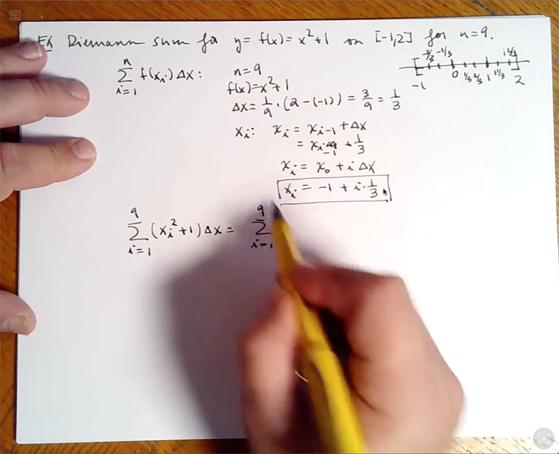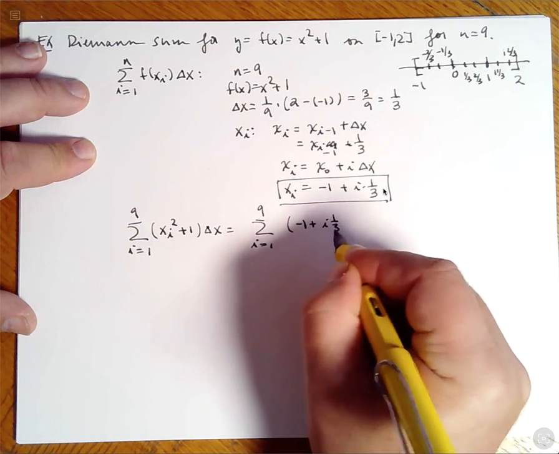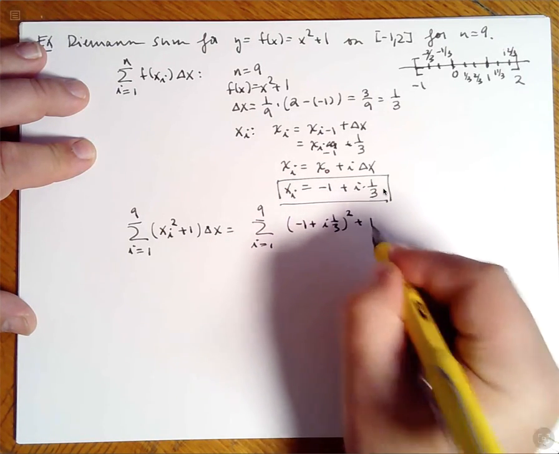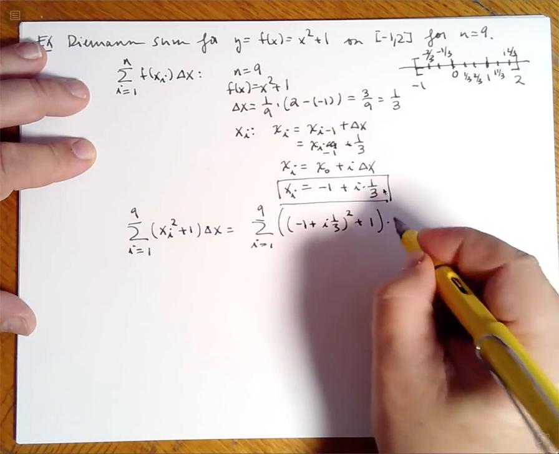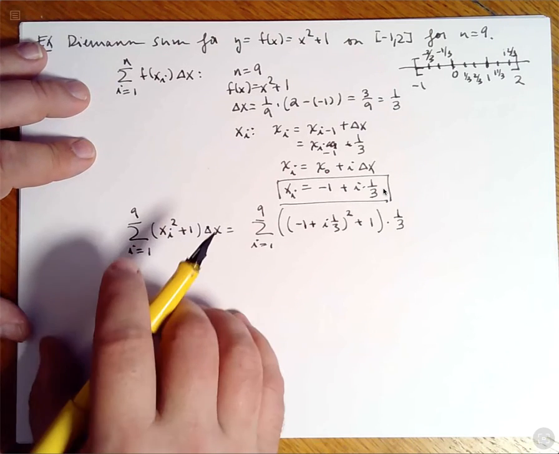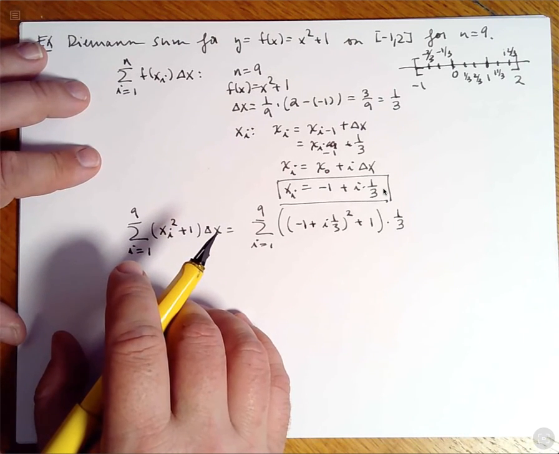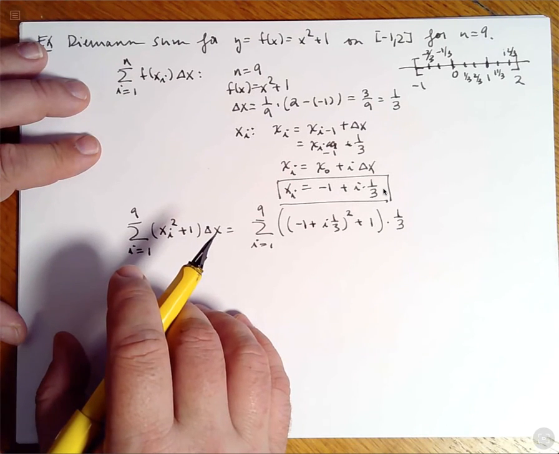So xi is minus 1 plus i times 1/3, squared, plus 1. And delta x is a third. Okay, there's our formula for the approximate area using 9 rectangles. So here's our Riemann sum for n equals 9.